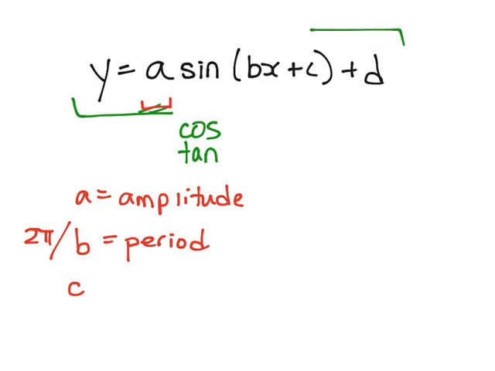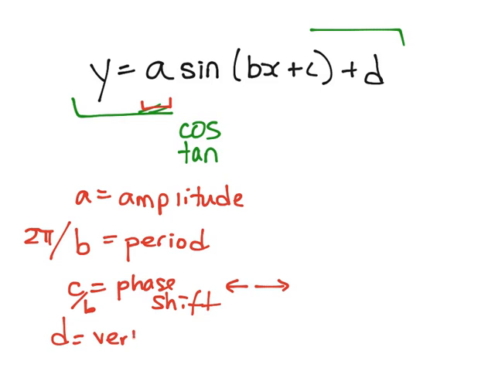C gives you the phase shift, how much the function moves from left to right. Specifically, phase shift is c over b. And D gives you the vertical shift, how much the function moves up and down from the baseline. Let's see how all this works.